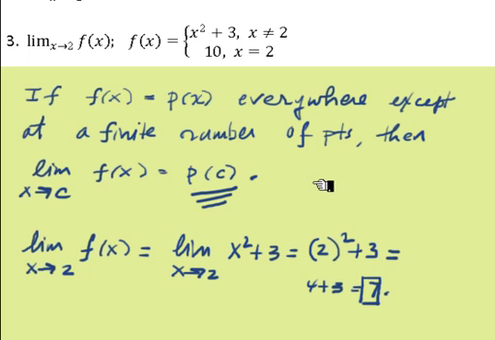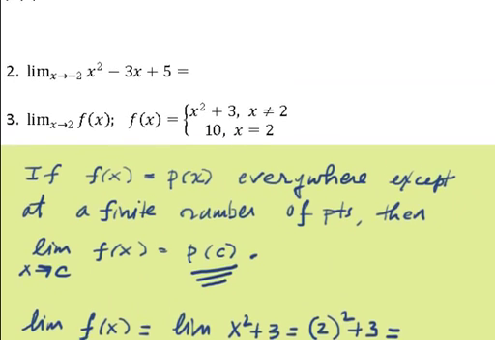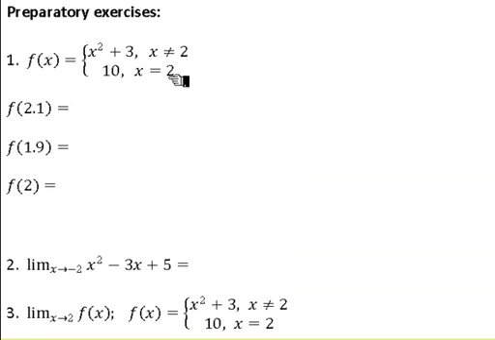Now, remember the previous example where we just evaluated this same function at these two x values, 2.1 and 1.9, and we did find that f of 2.1 was 7.41, and f of 1.9 we got 6.61.